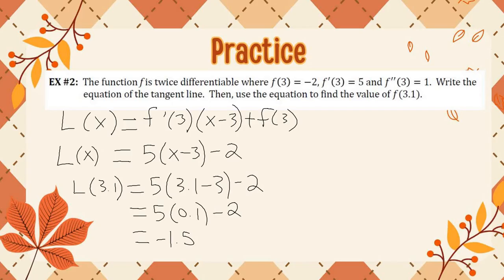In this case, at 3, we would be concave up, which means that our approximation would be an under approximation. Versus if it's concave down, it's going to be an over approximation. Like I said, in this case, it did not ask for that, so it was just extra information. But sometimes it will ask you, is it an under or an over approximation?